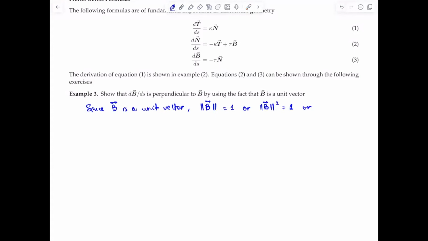Instead of writing like that, you use the fact that B dotted with B is equal to the magnitude of B squared. That is the dot product.